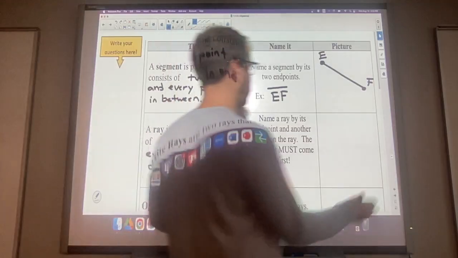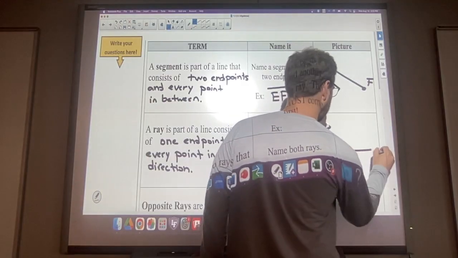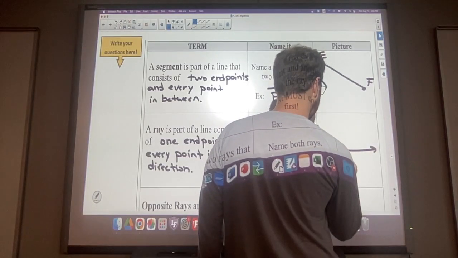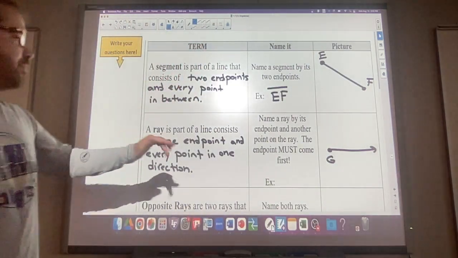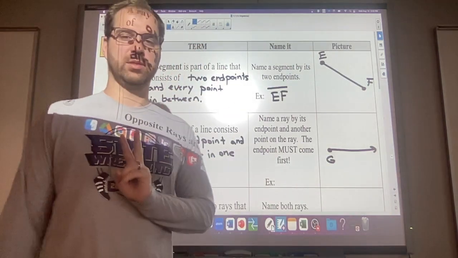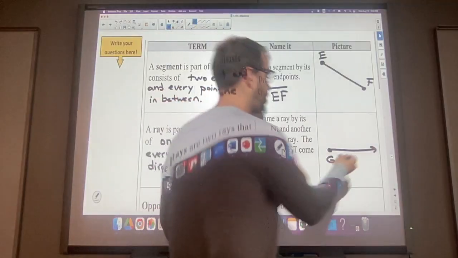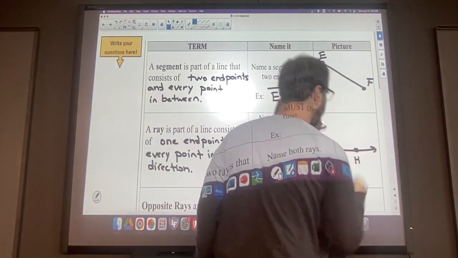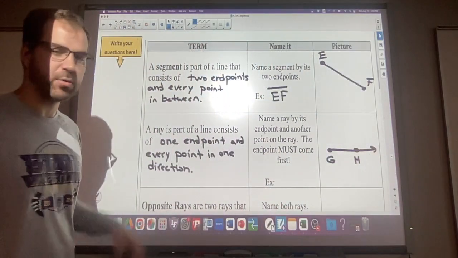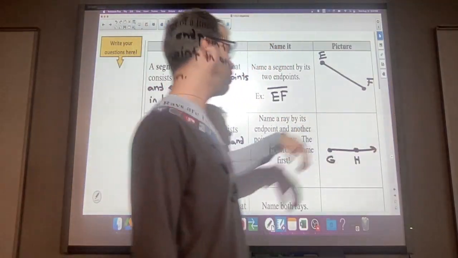Let's say we have a ray with an endpoint G here. We need to name this with 2 points, similar to a segment or a line. Typically you'll be given a point somewhere on this ray. Think of rays of the sun: they start at the sun and shine out, so that's why they call it a ray.